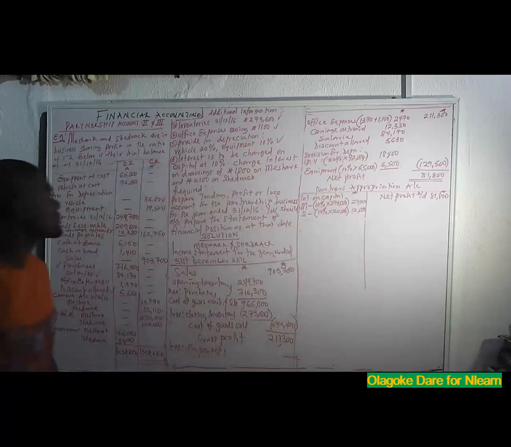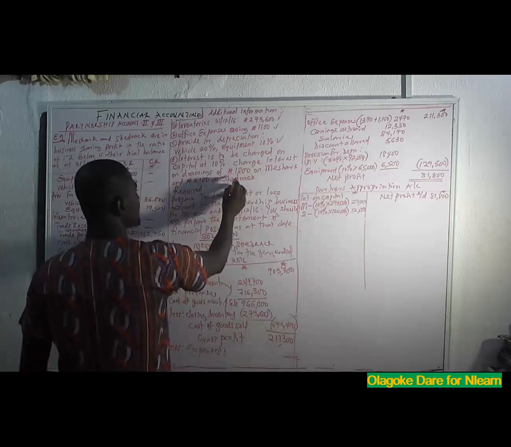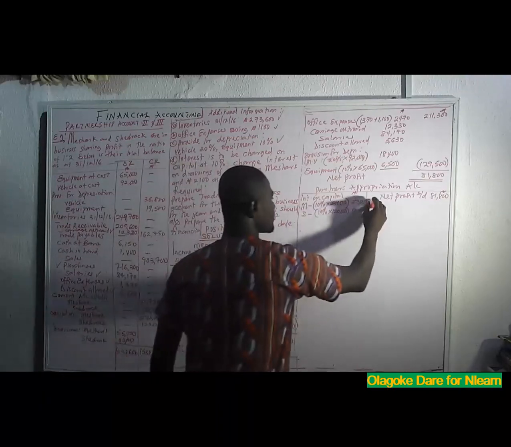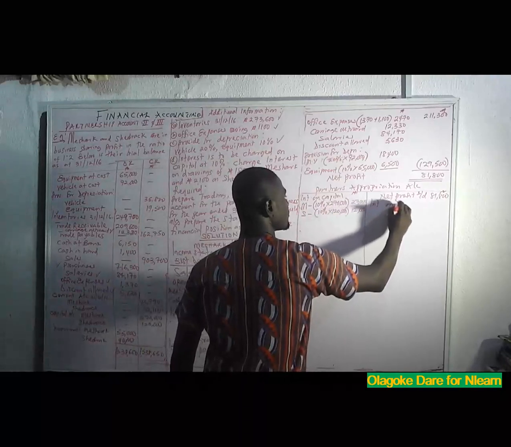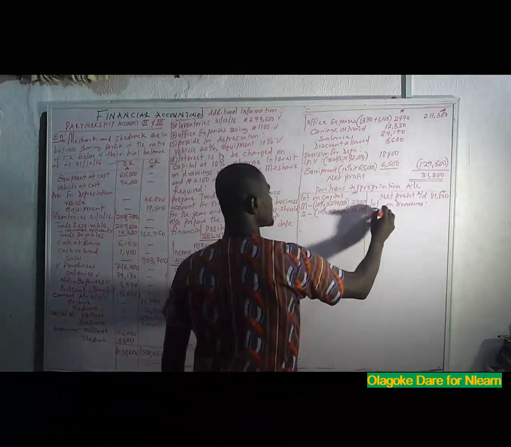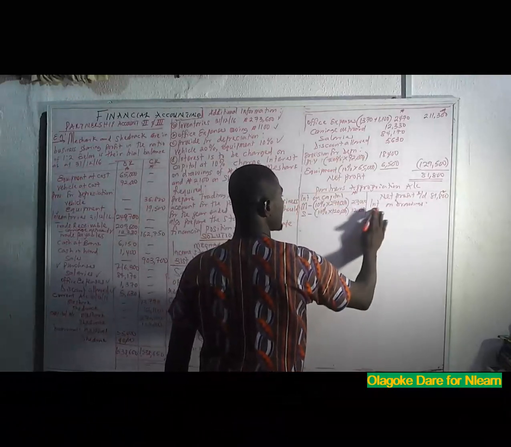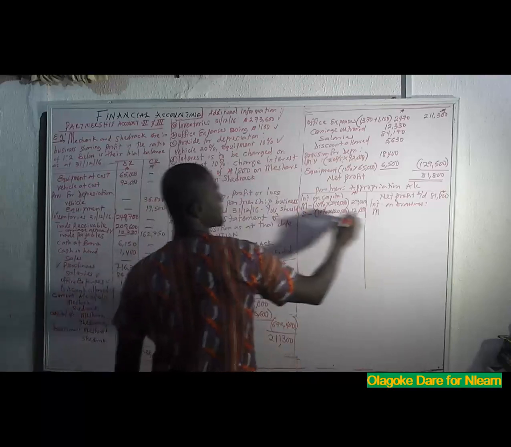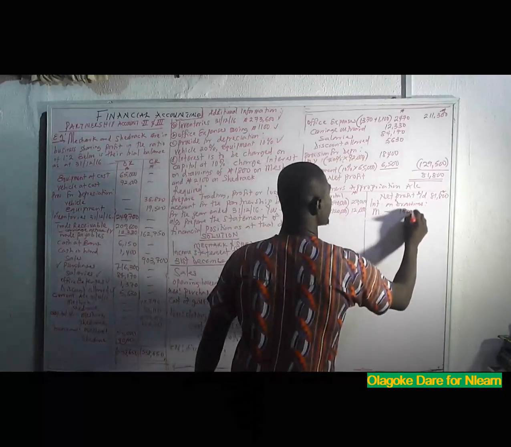We are told to charge interest on drawings. So we have our interest on drawings. First is Meshach, 1,800.